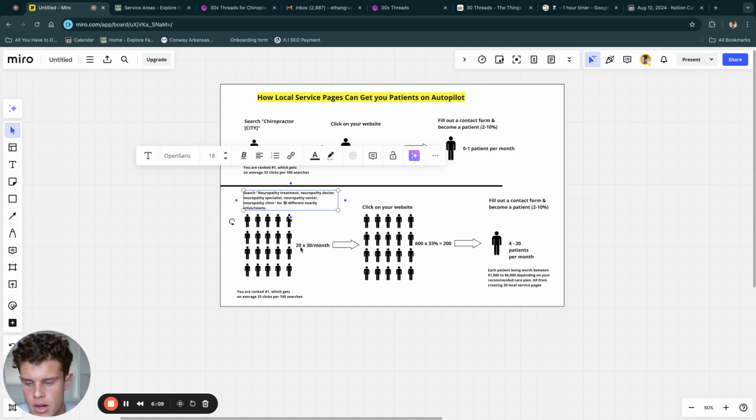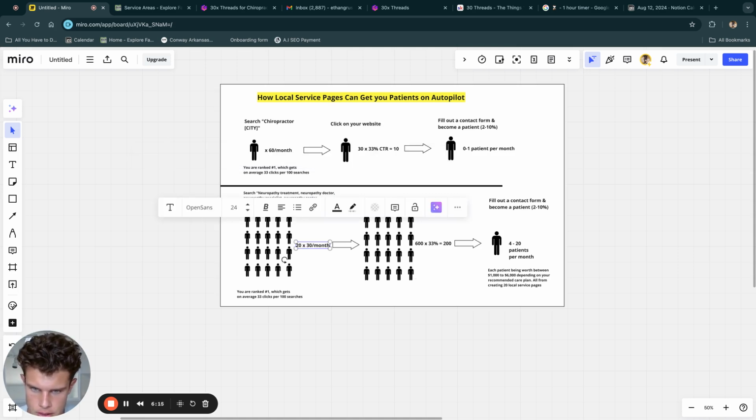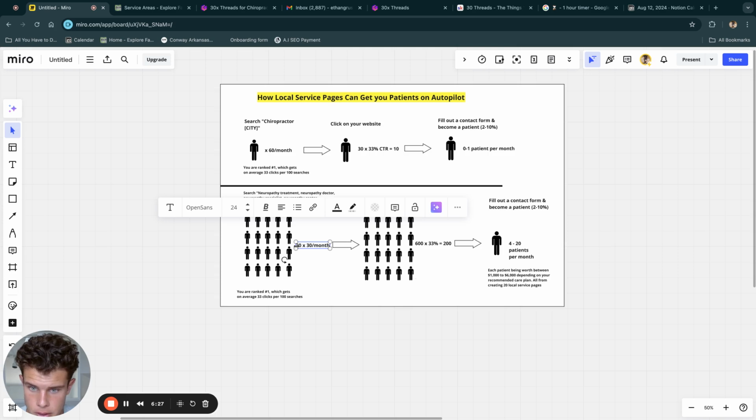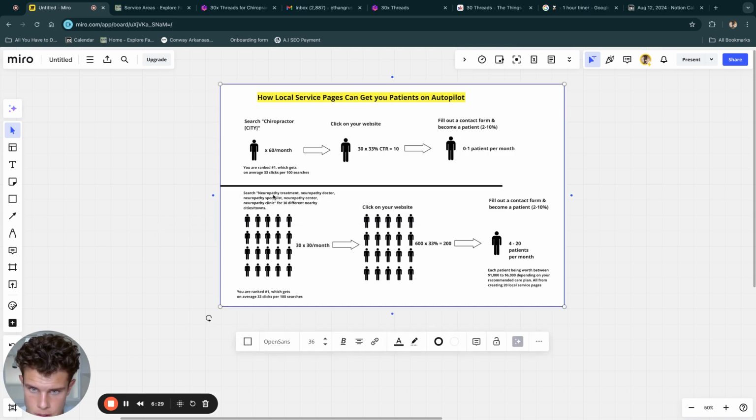Now let's say, obviously, neuropathy searches are going to be a lot less compared to chiropractic care. So instead of 30 searches a month, we'd have to multiply this again.